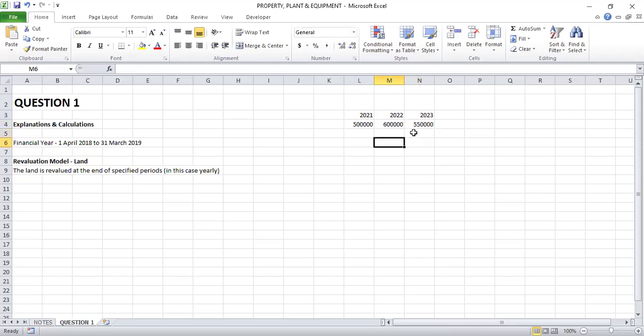But if, for example, here it was 520, you see that the increase is 20, and here let's say it's now 490.